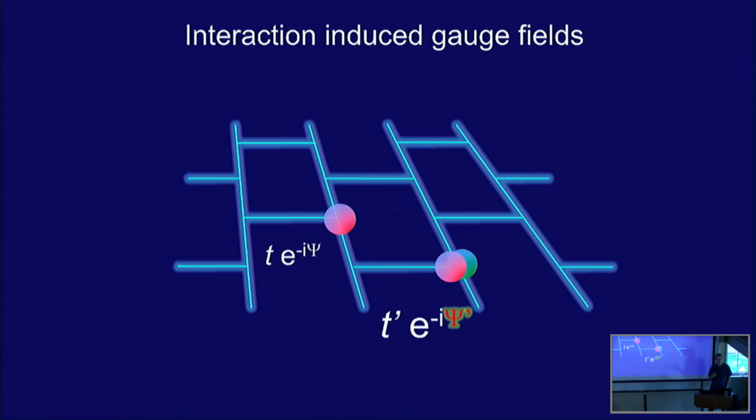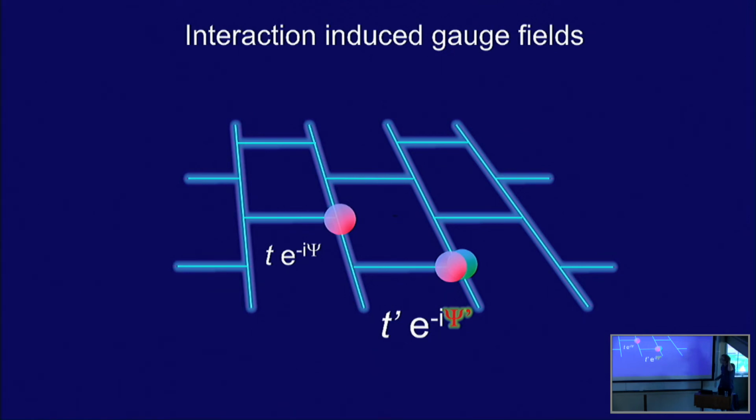So if you could control the phase that the particles acquire, for the red particles, depending on what green particles you have, you get some dynamical type of gauge fields. And we looked at that situation on an array of double wells, on bonds.